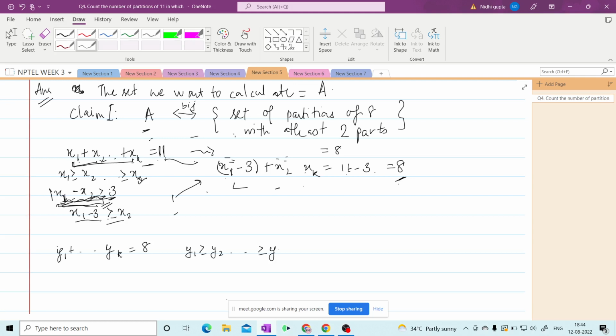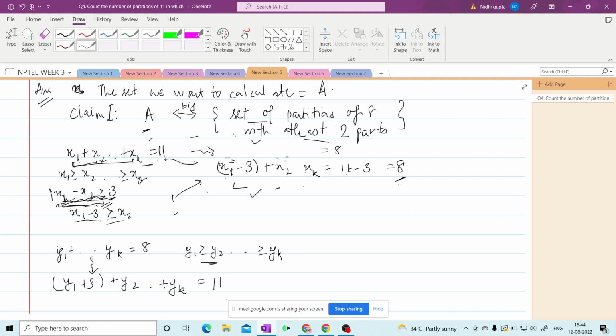To construct an inverse, we send it to a partition of 11. We do the inverse operation: we consider the partition y1 plus 3 plus y2 up to yk equal to 11.